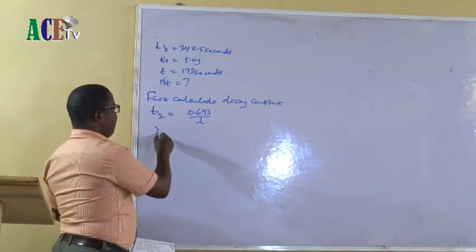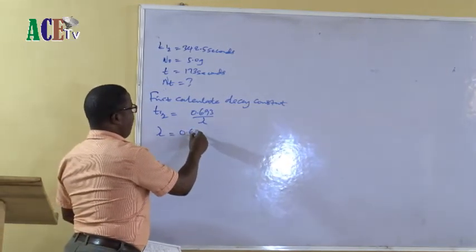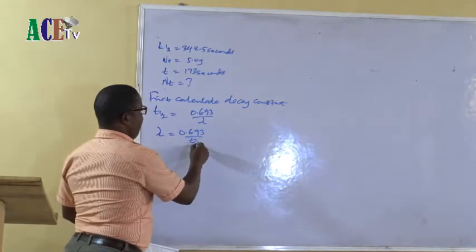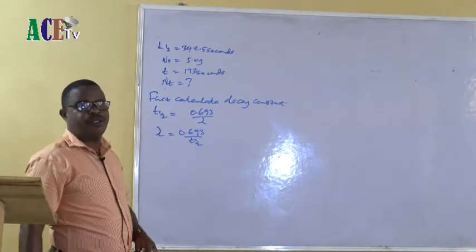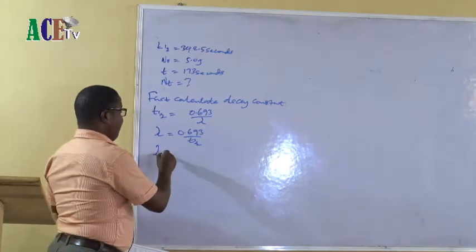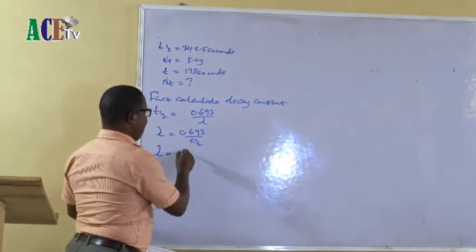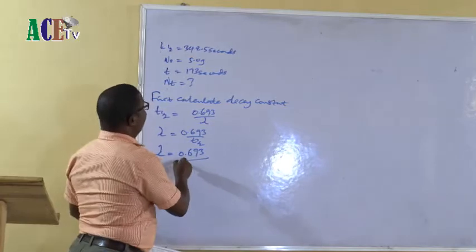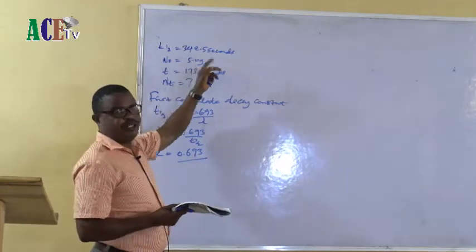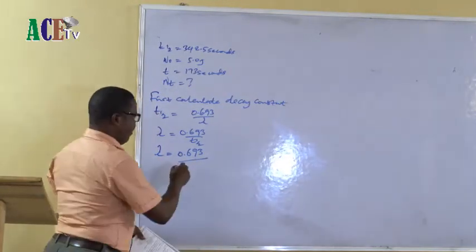That means the decay constant is equal to 0.693 all over half-life. So our decay constant is 0.693 all over the half-life, 342.5 seconds.